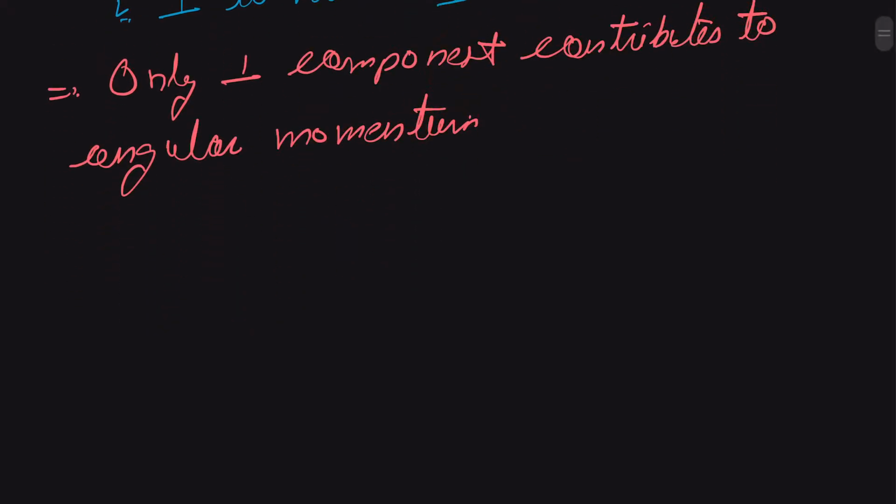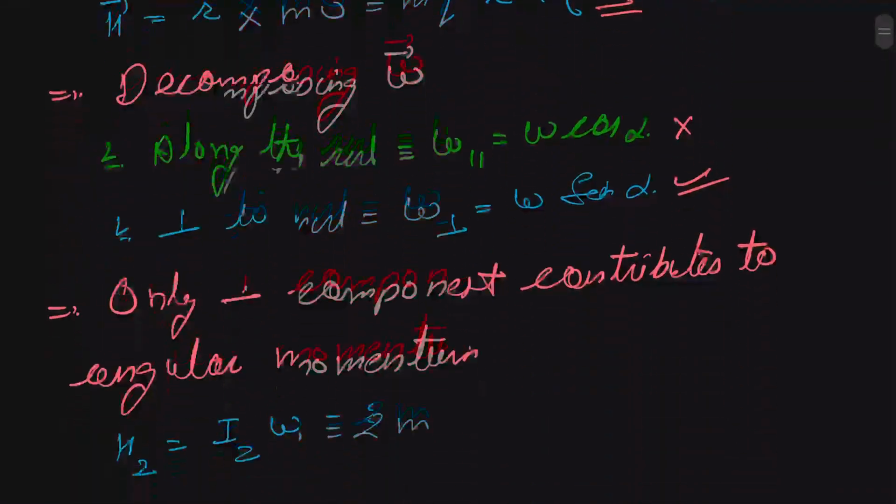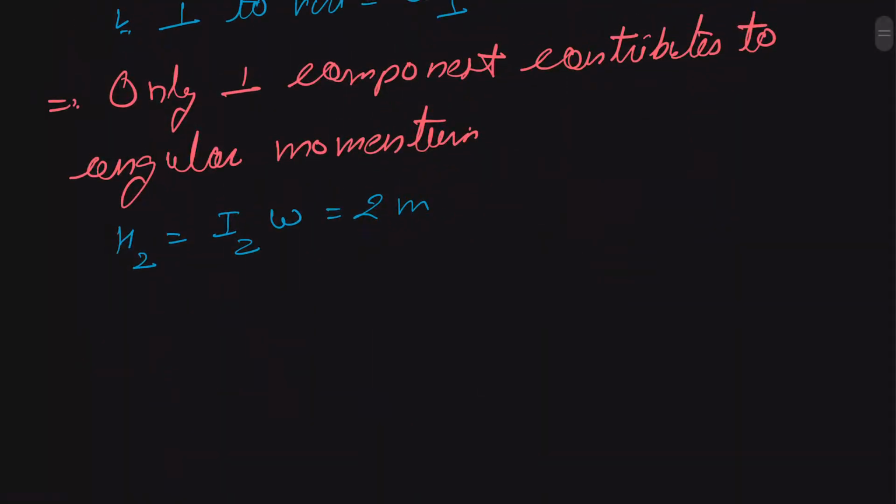Therefore, we can say that our h of z will be equal to I of z times omega, and we can write this as 2m L square sine square alpha times omega.